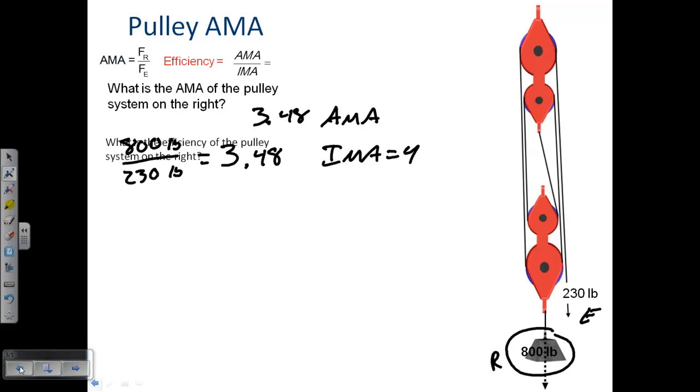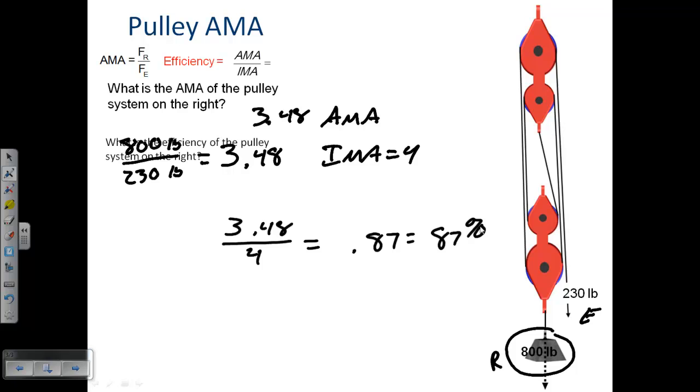I'll bring that slide back. There we go. So efficiency is AMA over IMA. So AMA of 3.48 over the ideal mechanical advantage of 4. So we have 3.48 divided by 4, and that gives us 0.87, which is equal to 87% efficient. Okay, so there's your efficiency.